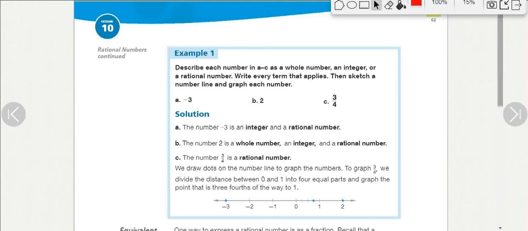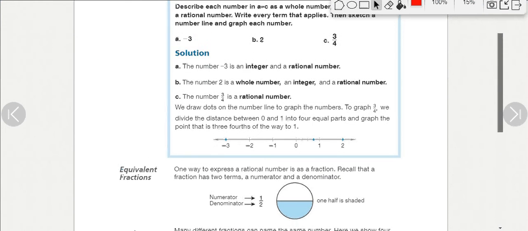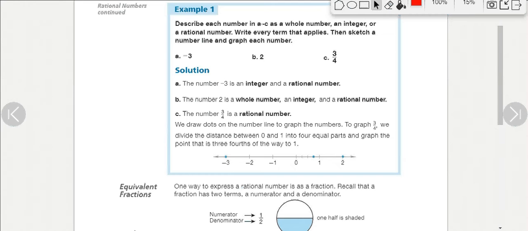Rational numbers. Is -3 an integer, rational number, whole number? Which ones? -3, so not a whole number. Yes, an integer, which means yes, a rational number. 2. Is that a whole number?